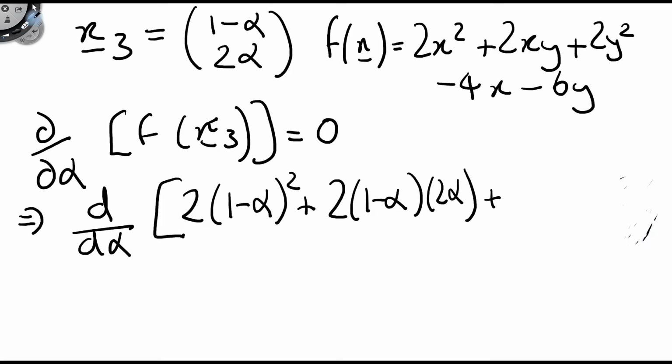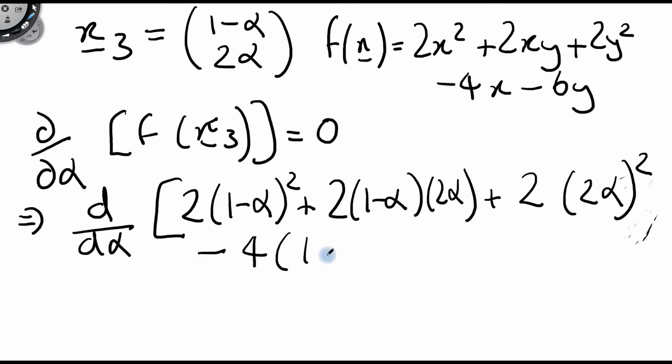And then 2y squared is simply 2 times (2 alpha) squared. I'm laying it out to make it as clear as possible. Then minus 4x is minus 4 times (1 minus alpha), and minus 6y is minus 6 times 2 alpha.